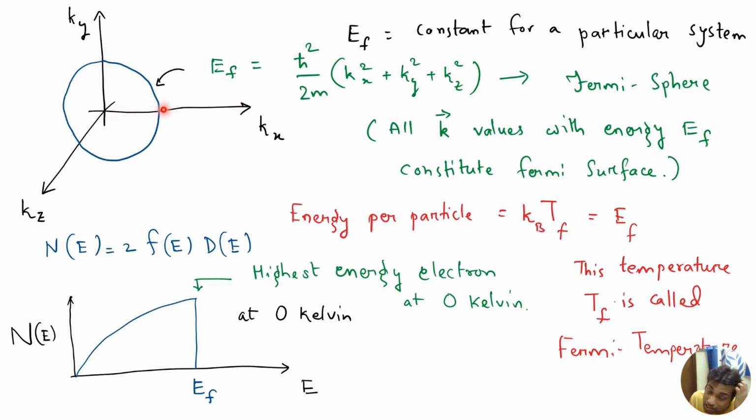EF is a particular energy, so all the k values inside this sphere will have energy less than EF, and on this particular sphere the energy value is EF. The locus of all the points which have the energy EF is called your Fermi surface.